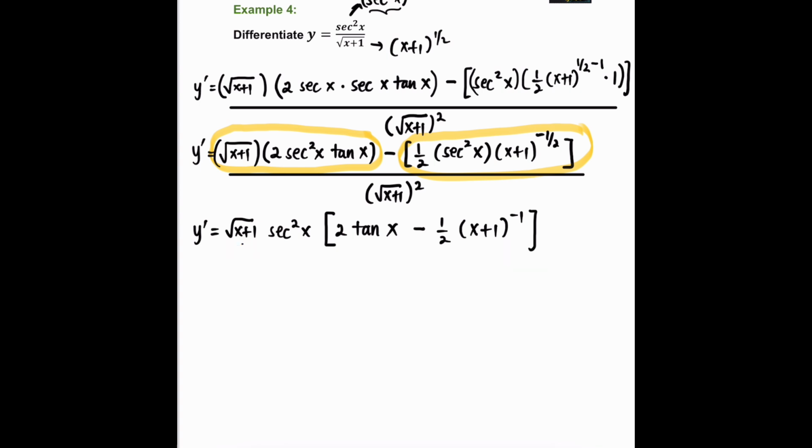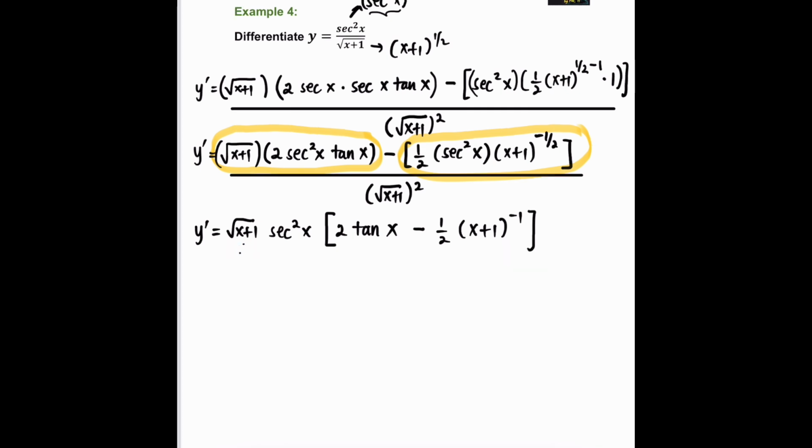All right, and remember the denominator. We can split that. And as you can see, we can cancel out square root of x plus 1 from here and this one.